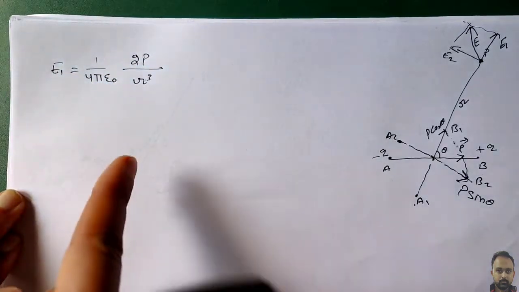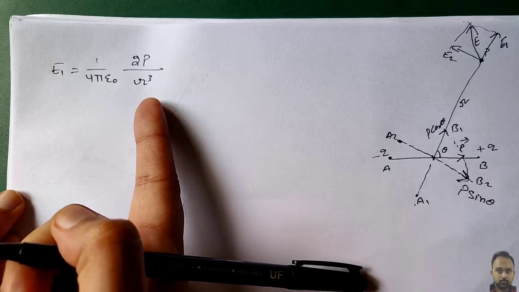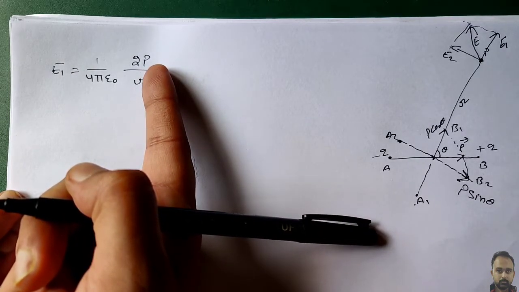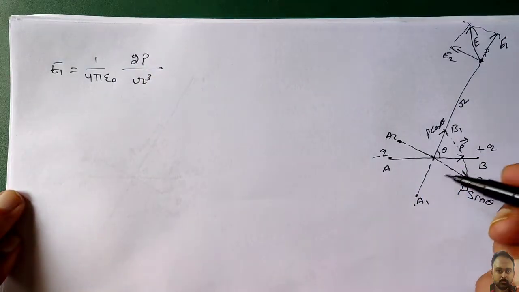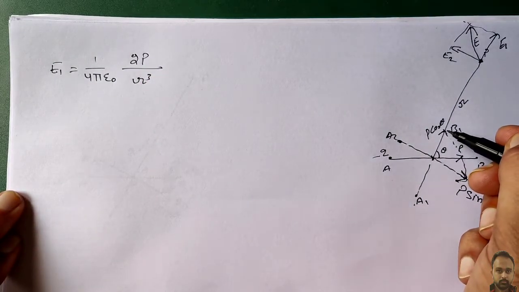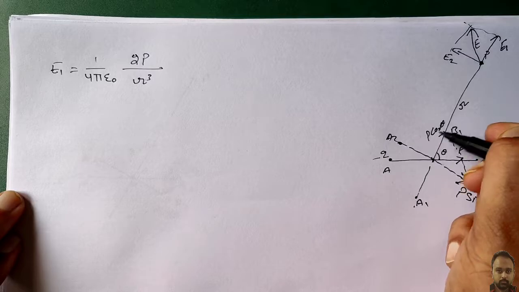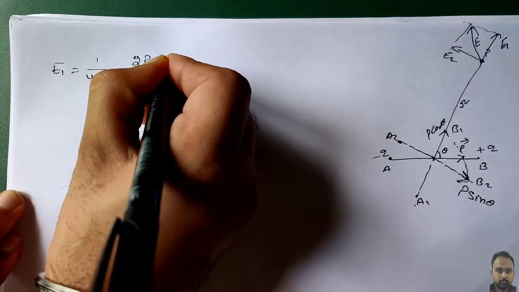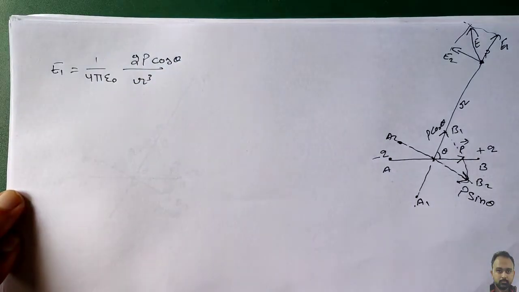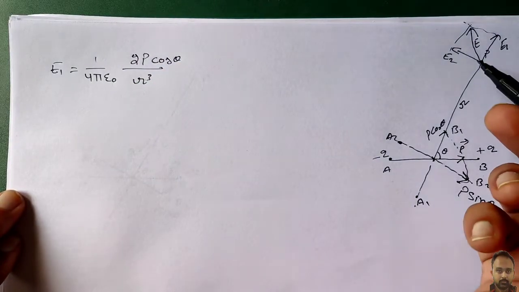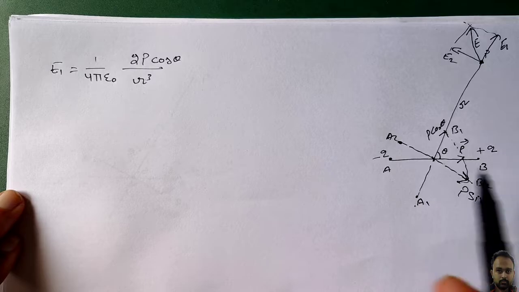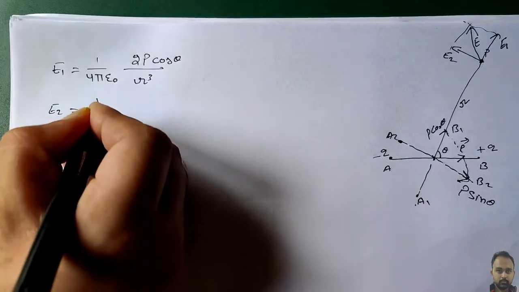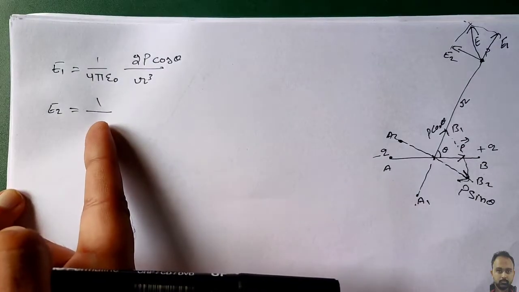For a very small length we have derived this expression, but we cannot write p simply as p, because E1 is due to A1B1 and the dipole moment for this dipole is p cos theta. So we have to write the dipole moment p cos theta. Now what is E2? E2 is the electric field due to A2B2. So E2 can be written as 1 over, this is the case for equatorial line.